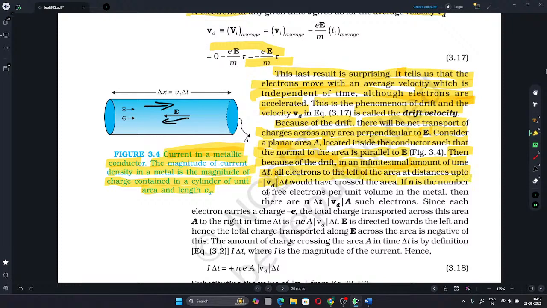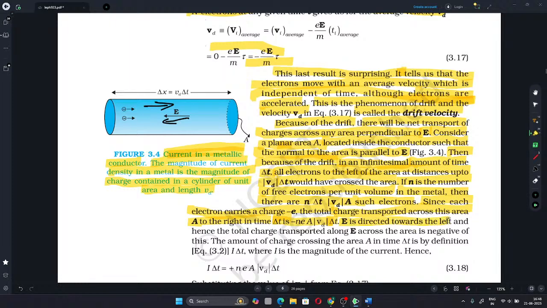If n is the number of free electrons per unit volume in the metal, then there are n times the magnitude of drift velocity times A times delta t such electrons. Since each electron carries a charge minus e, the total charge transported across this area A to the right in time delta t is minus n e A Vd delta t.